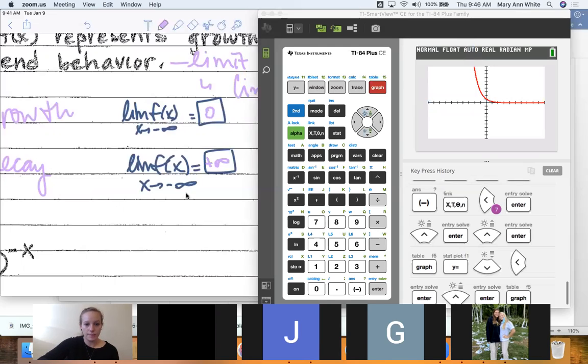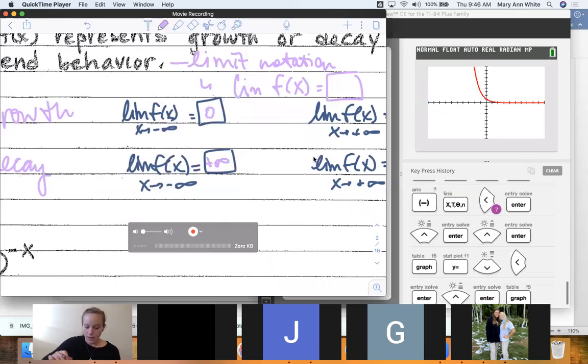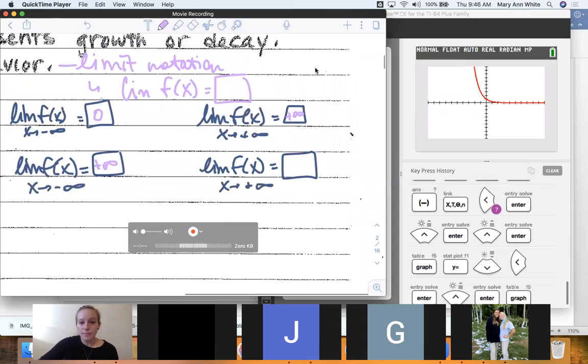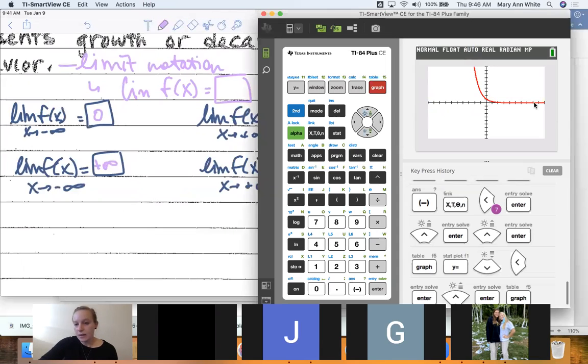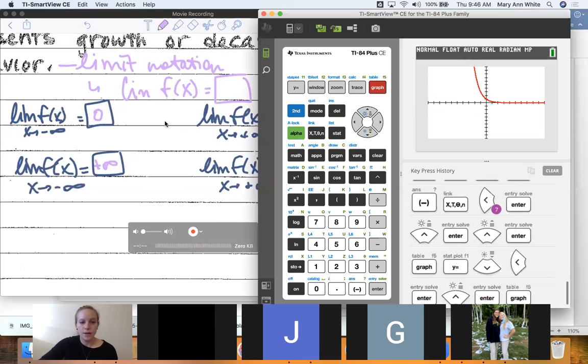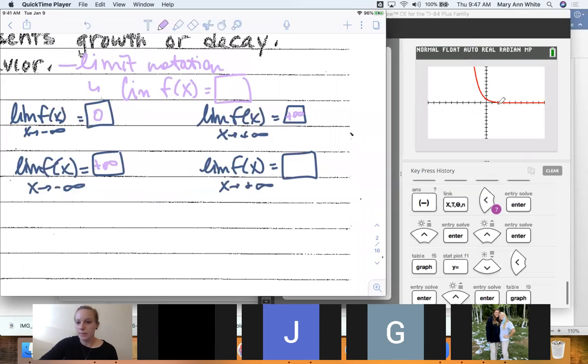Now I'm going to do for x approaching positive infinity. Similarly, I'm trying something new and it's not working as well as I wanted to. That's all right. As my x's get bigger and bigger and bigger, my y is getting closer and closer and closer to 0.